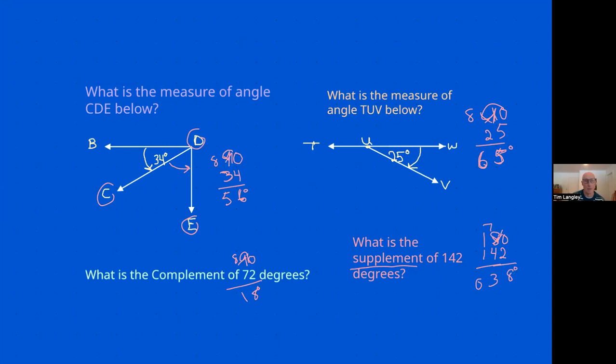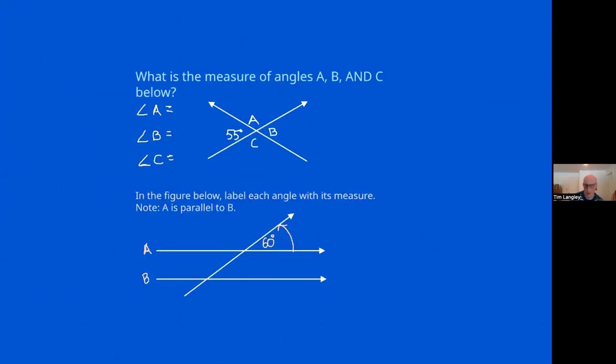All right, we're going to go on to the next slide for review here. And this is asking us to figure out some angles. And I want to review real quickly. Do you remember that vertical angles, okay, they're the opposite when you have two lines that cross each other, like we have here.